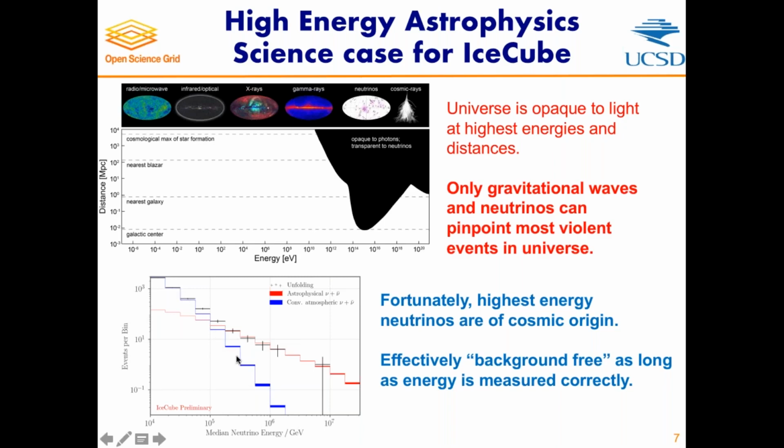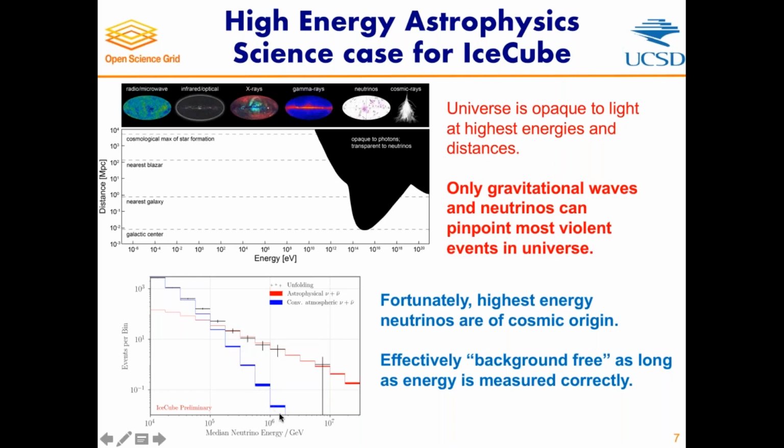And what you can see here is the blue line is atmospheric neutrinos, meaning neutrinos mostly from the sun interacting with our atmosphere, or actually other particles from space interacting with our atmosphere, producing neutrinos. In fact, it's probably mostly muons producing neutrinos.